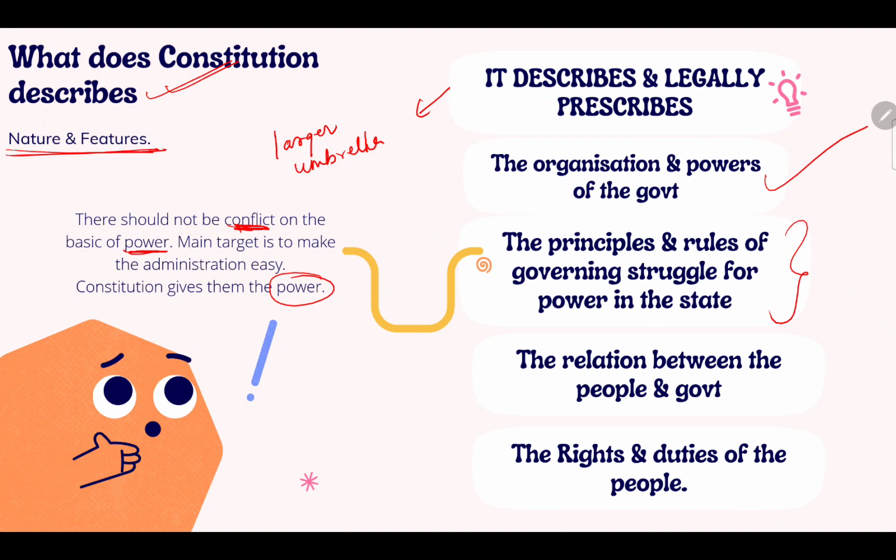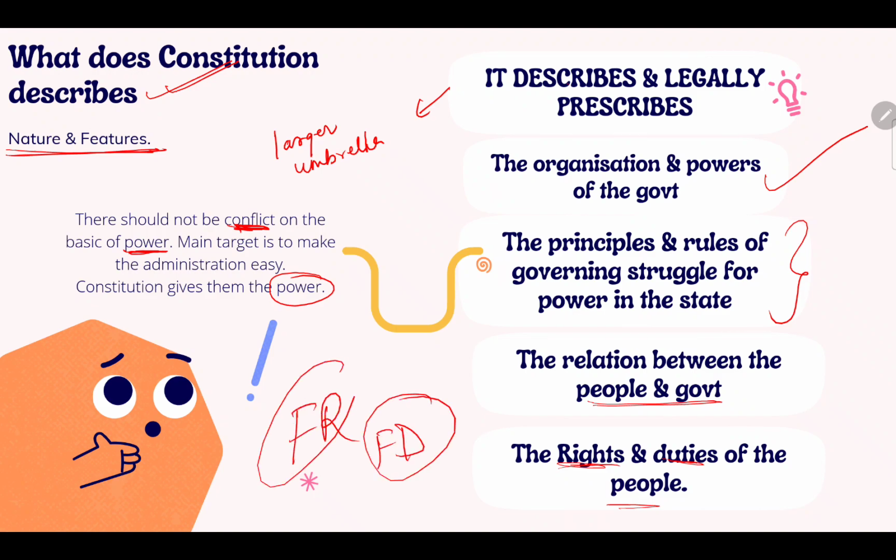Now let's go to the third one. The constitution describes and legally prescribes the relation between the people and the government. The fourth one is that constitution describes and legally prescribes the rights and duties of the people. In my previous classes I have talked about fundamental rights as well as fundamental duties.